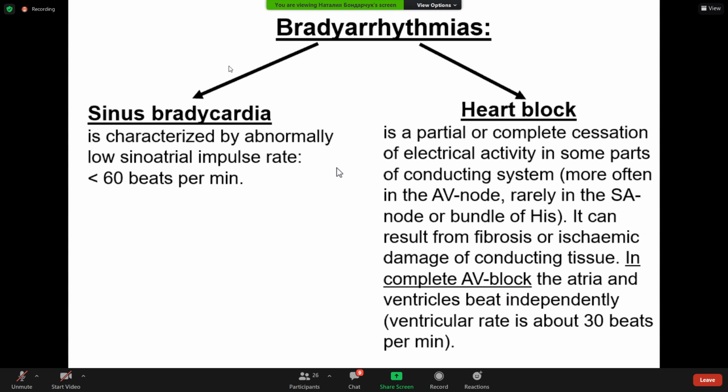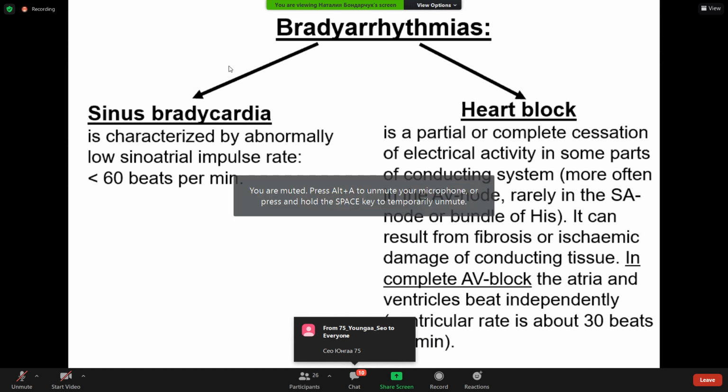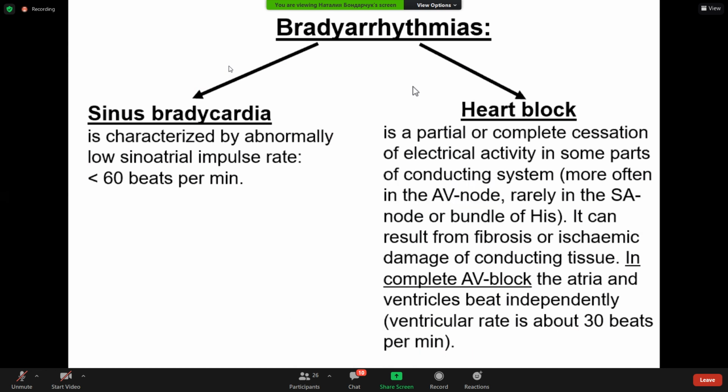And bradyarrhythmias, in turn, can be divided into sinus bradycardia. It is characterized by abnormally low sinoatrial impulse rate, less than 60 beats per minute, and heart block. It's a partial or complete cessation of electrical activity in some parts of conducting tissue, more often in the AV node, rarely in the sinoatrial node or bundle of His.